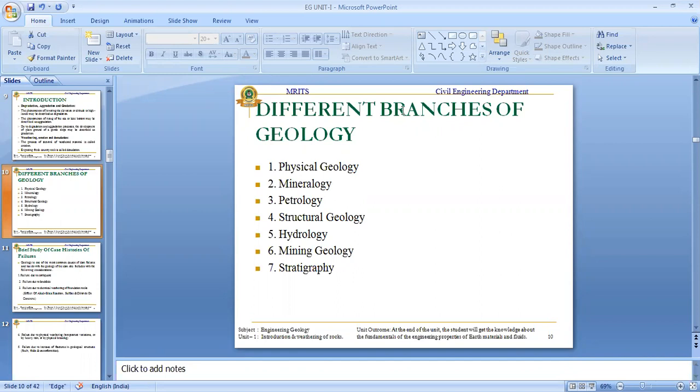Fault is the biggest crack which is available in the earthquake zones. Joints we'll see in the rocks. Unconformities, that is the hardest layer of the surface, beneath the earth you can get the hardest layer, that's called unconformities. So these are the main topics and intentions of the branches of geology.